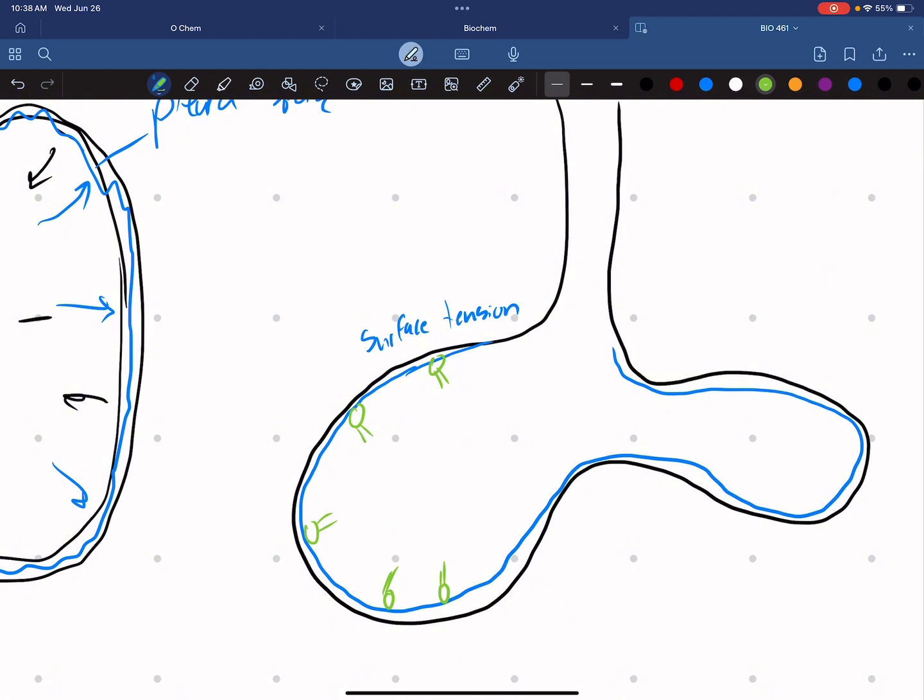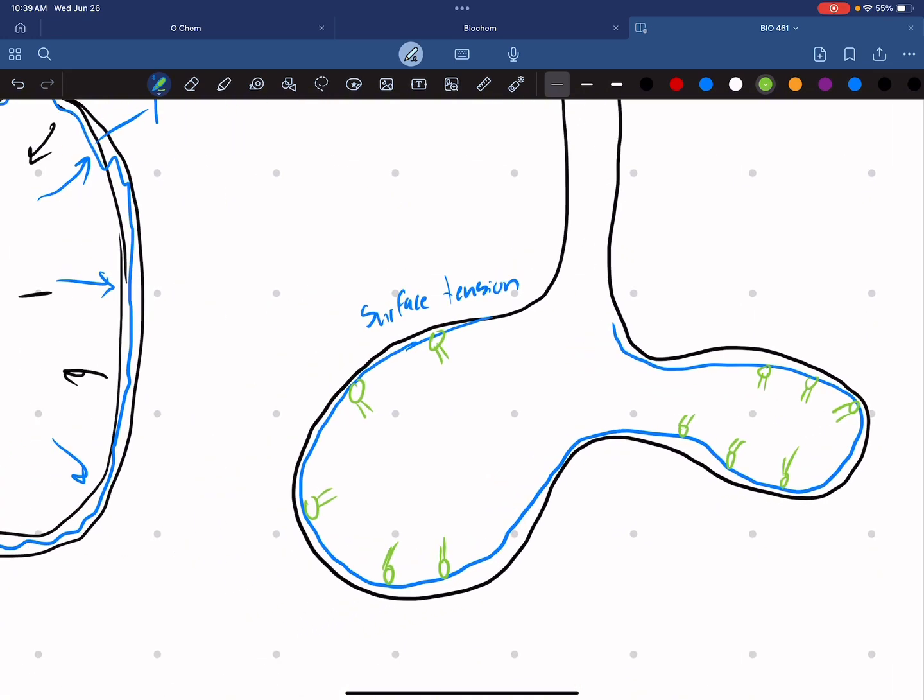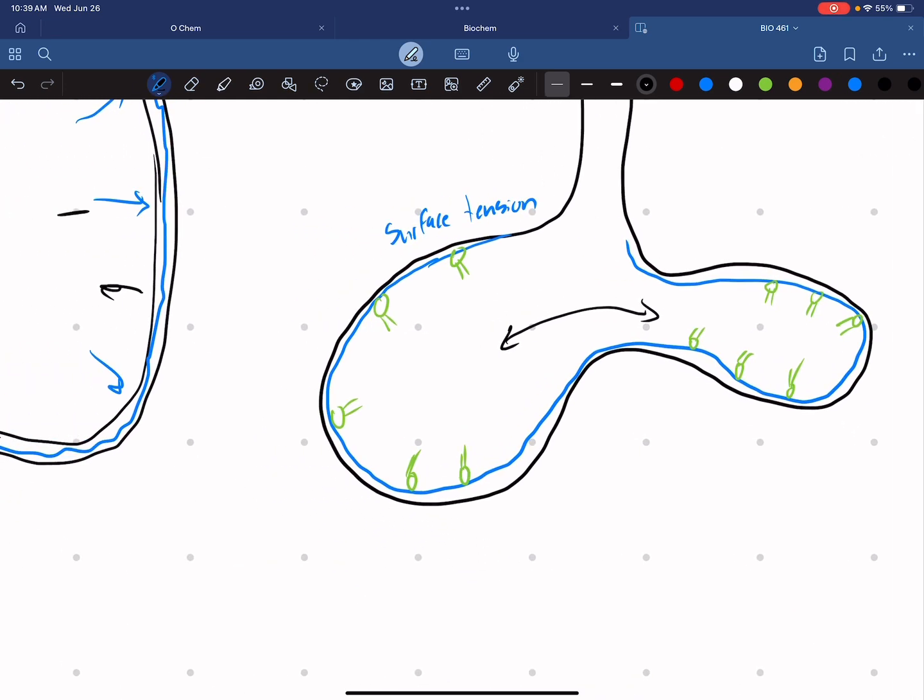But the thing about surfactant is that there is an equal number of surfactant in each alveoli. So because of that, the equal number of surfactant will affect each alveoli differently and affect the surface tension more on the smaller alveoli, which will allow a regulation of air that gets put into each different size of alveoli. And so this is illustrated in the law of Laplace, which is pressure equals 2T over R.